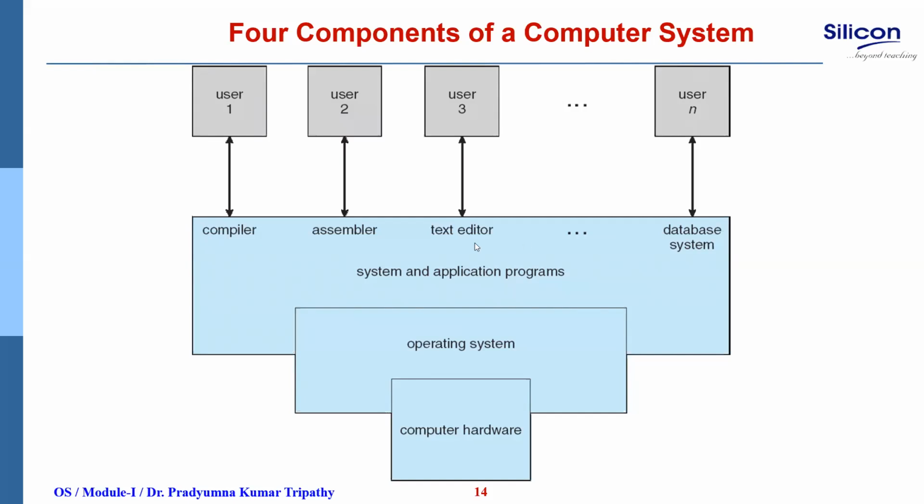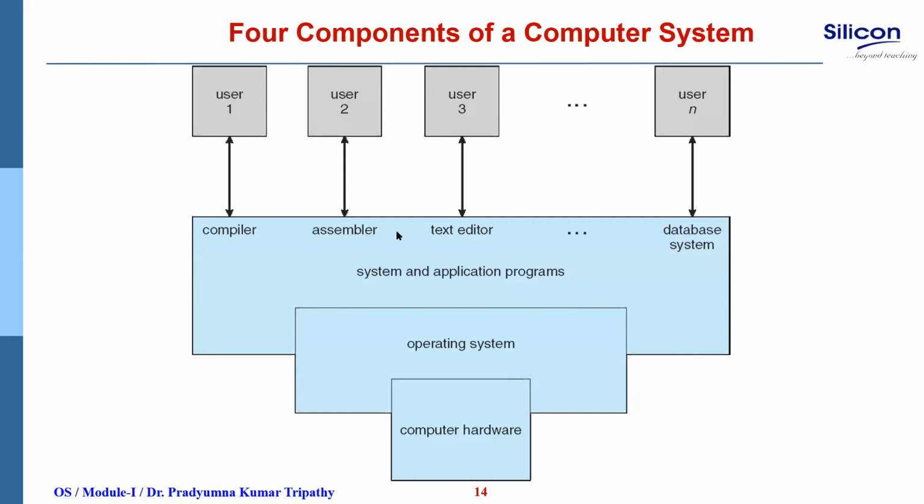The programs may be system programs, application programs, whatever they may be. Then there is the operating system and computer hardware. Try to understand this figure better, it's important. In this computer system, which component actually does all the work?